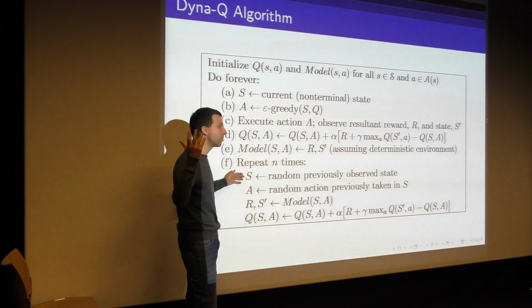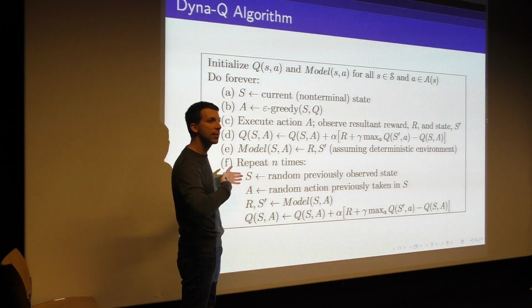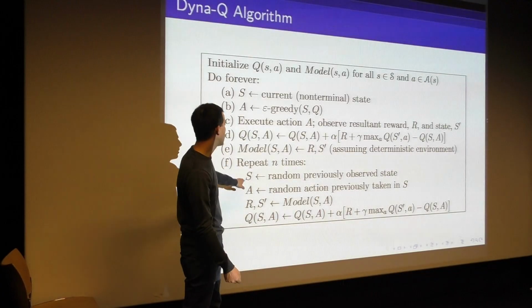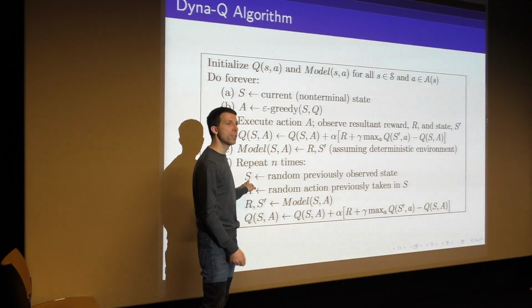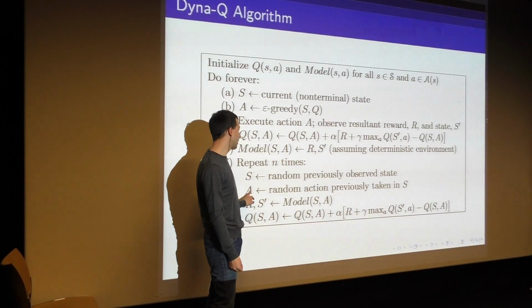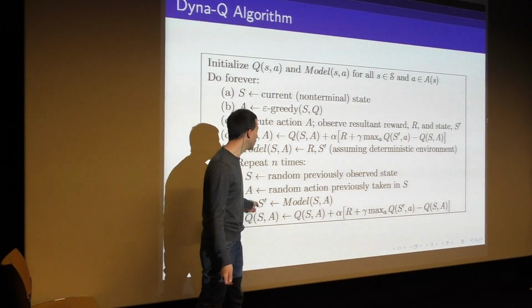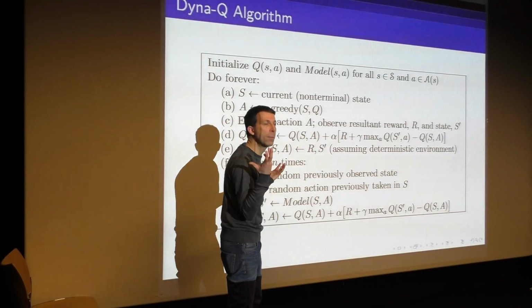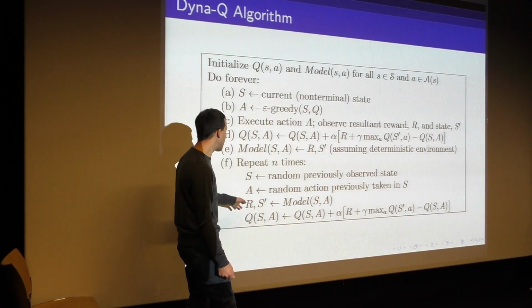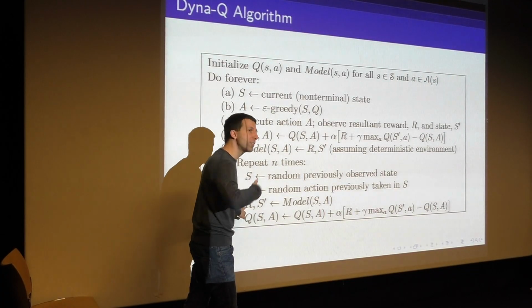But now we can just imagine things, or we just sample n different samples from our model. So what we can do is start with some random state that we've already seen, sample some action that we've taken, and just sample this from our memory-based model. And now what we do is we imagine that transition.